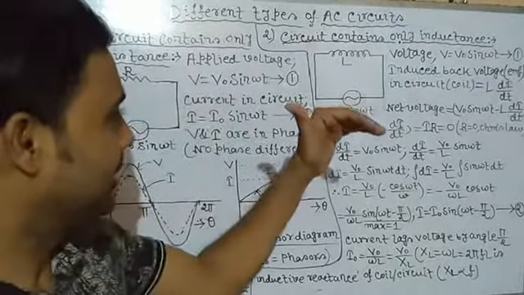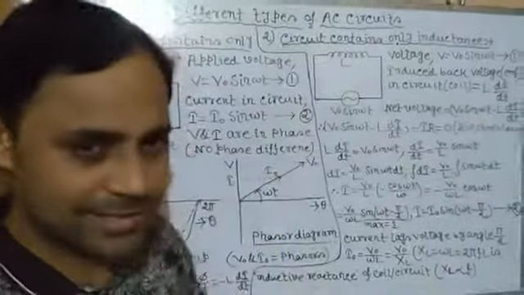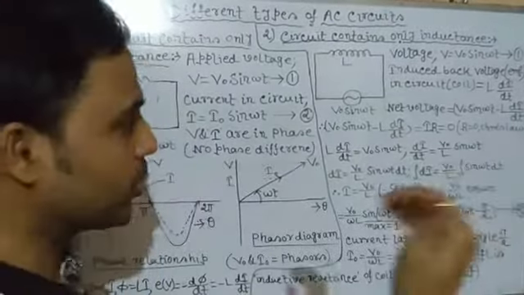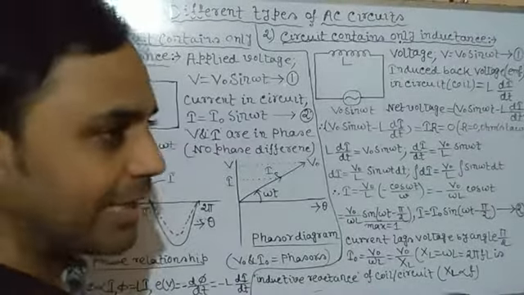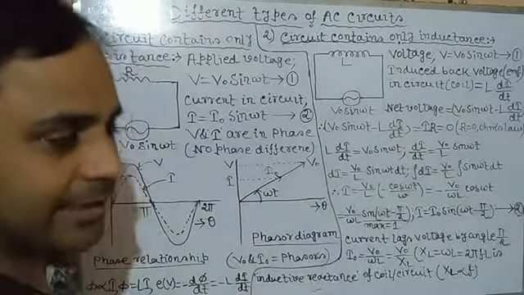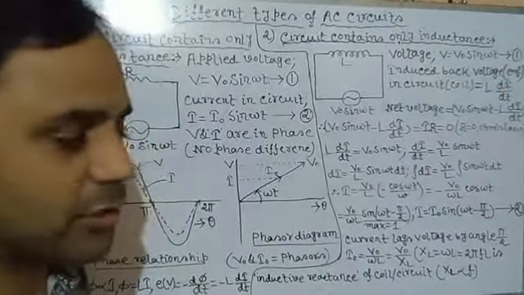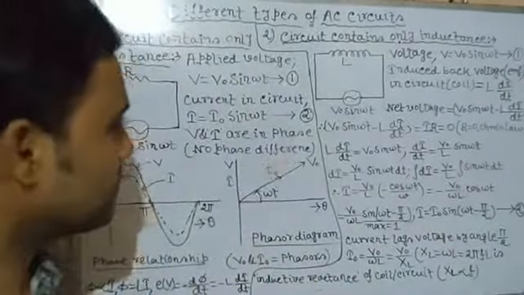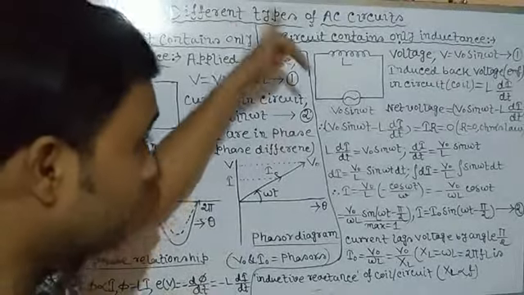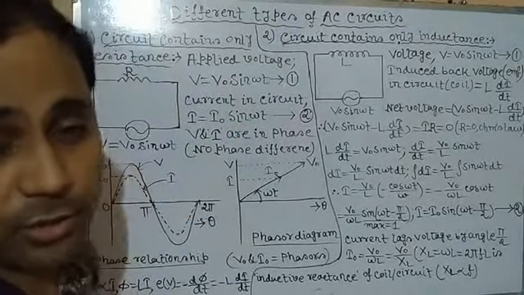So a current will start to flow due to change in flux. Back EMF will be induced due to Lenz's law, which will reduce the original voltage. Due to this back EMF, current will be induced, and the constant, called the coefficient of self-induction, is called self-inductance. Let's see how the phase difference occurs because of this induction.